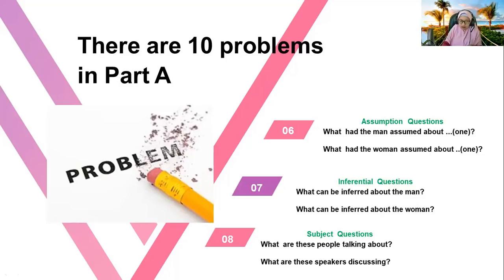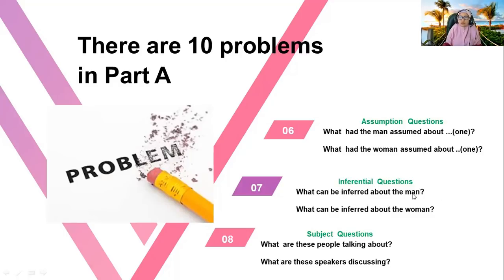Jadi Anda harus memperhatikan the topic. You have to pay attention on the topic, and then also the words that the speaker uses here. So in inferring, you can take the answer by synonym, or sometimes just the idea which is similar with the speaker.